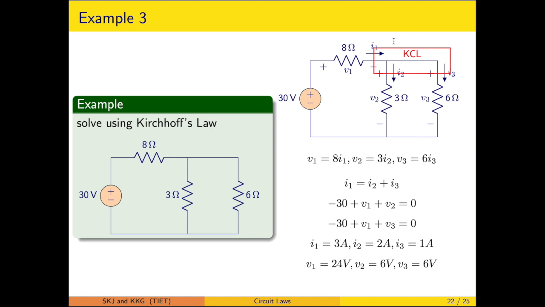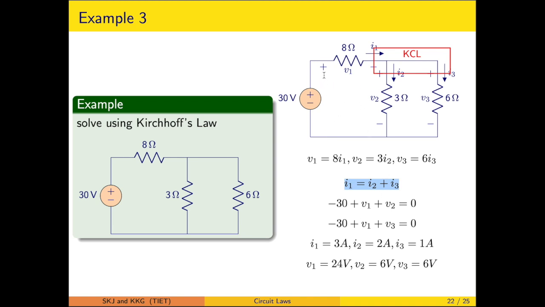Now you have identified the junctions, where the KCL equation is written: I1 is equal to I2 plus I3. Now you need the KVL relationship as well. This is a voltage rise, this will be a drop, and this will be a drop. So the equation will be 30 is equal to V1 plus V2, or minus 30 plus V1 plus V2 is equal to 0.